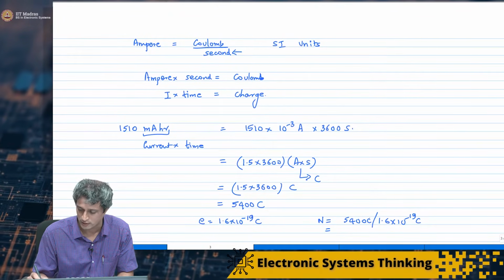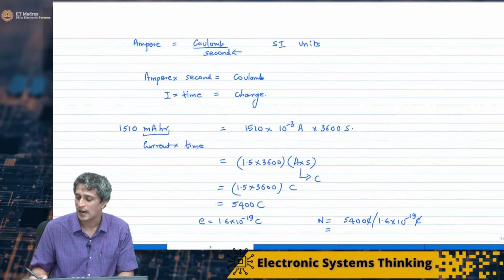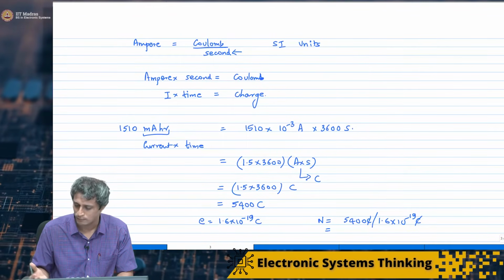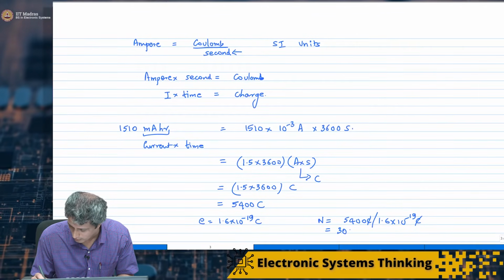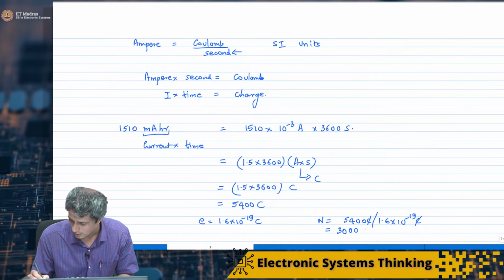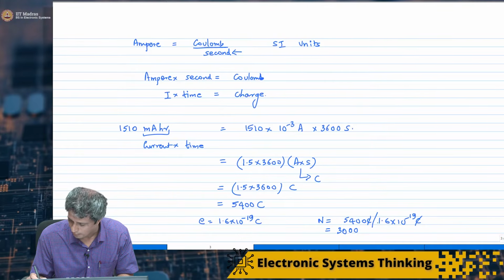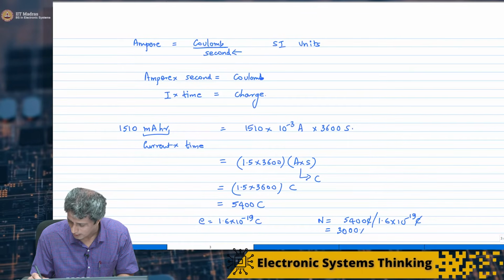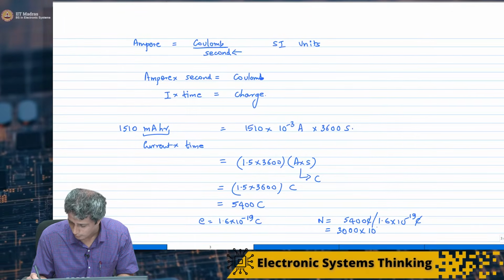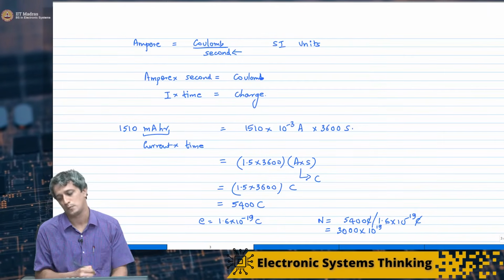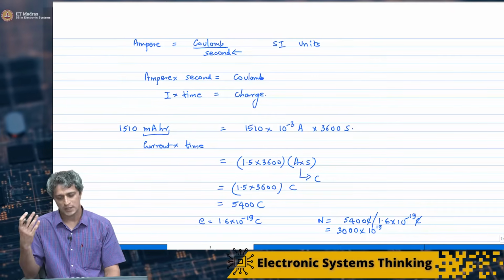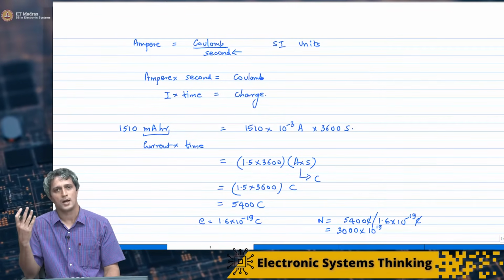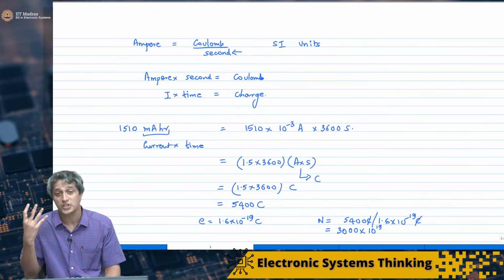So if you look at this, the coulomb will cancel, and you will get approximately, forget all this, about 3000 into 10 power 19.